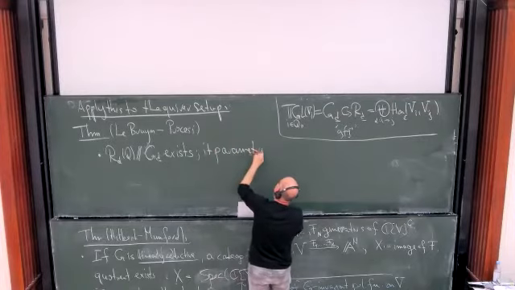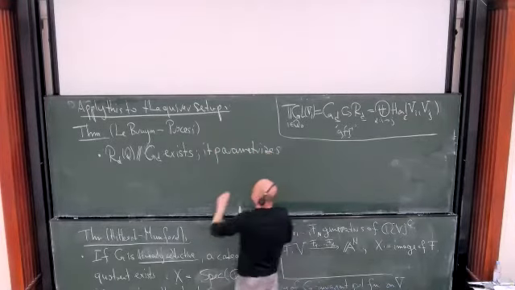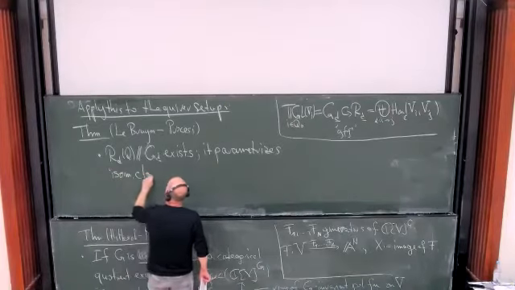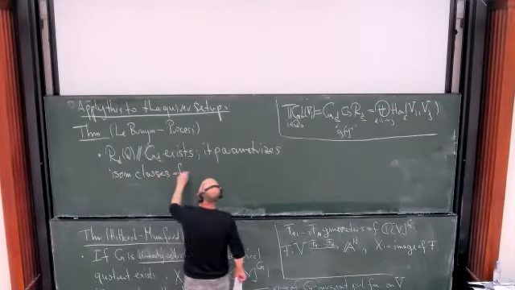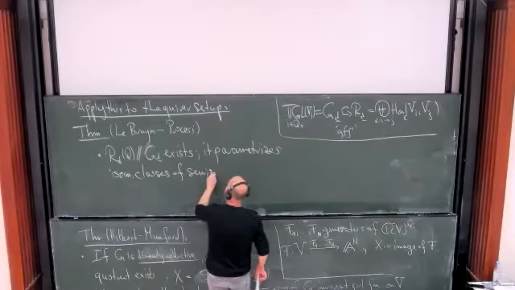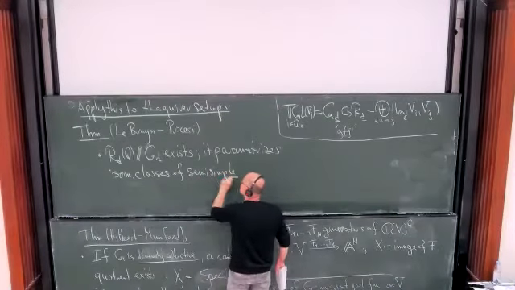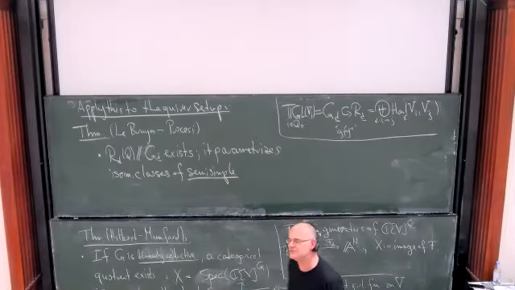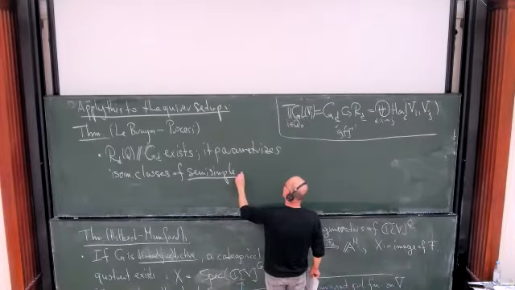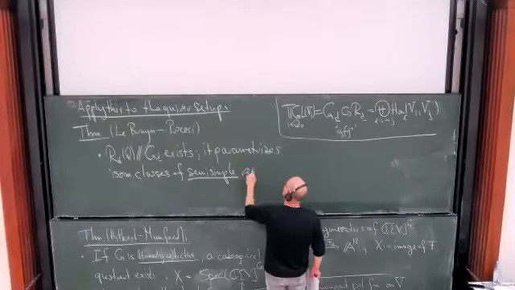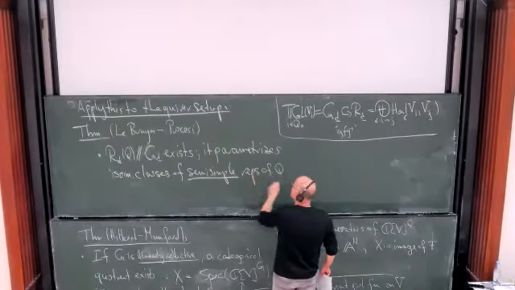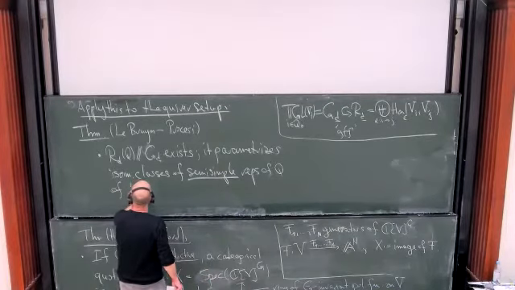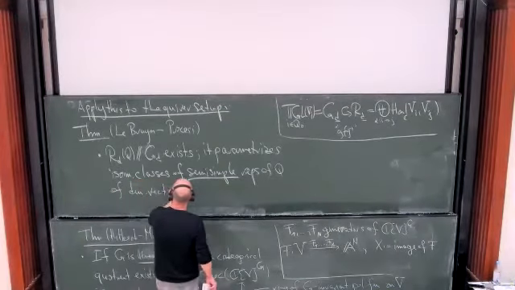It parametrizes isomorphism classes of semi-simple, so direct sums of simples, completely reducible representations of Q of this given dimension vector d.